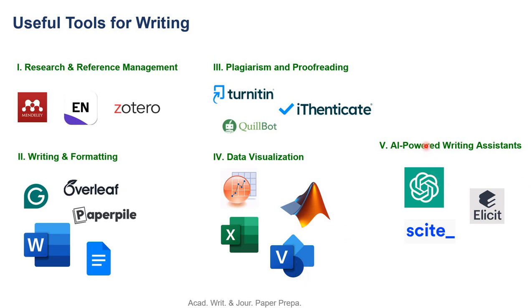Finally, AI tools. Let's talk about AI tools for a moment here. They are trending and widely used, but caution is essential. Keep in mind that AI-generated content can be inaccurate or even unintentionally copied exactly from another text.